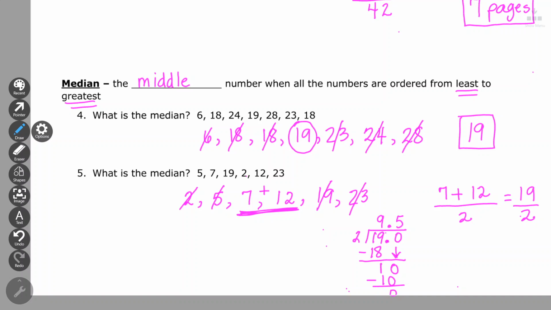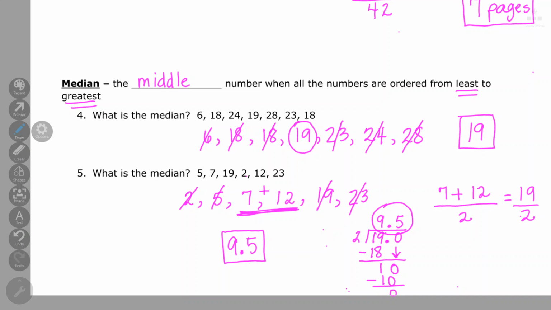So the median for this set of data would be 9.5. And that's what you do if you have 2 numbers left in the middle: you add them together and then divide by 2 to get your answer.